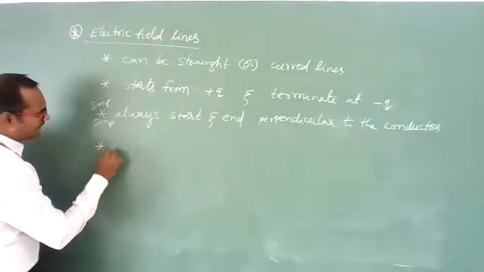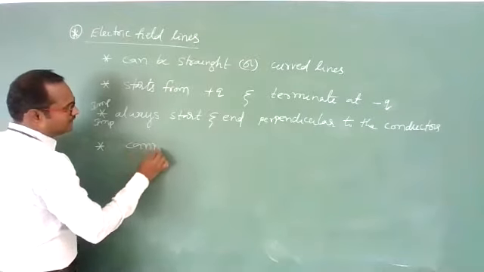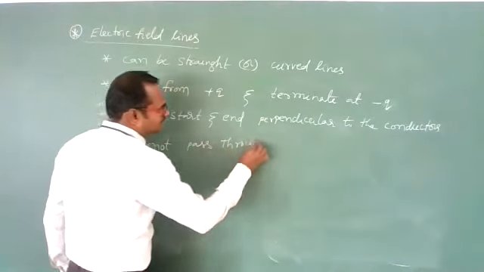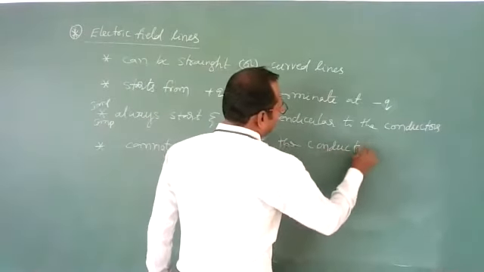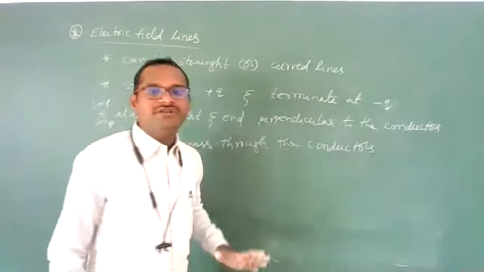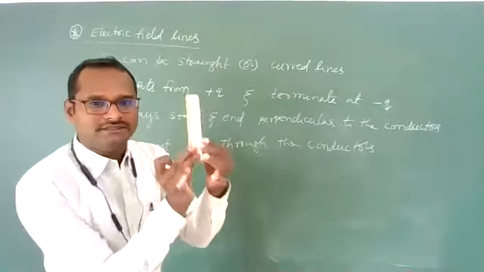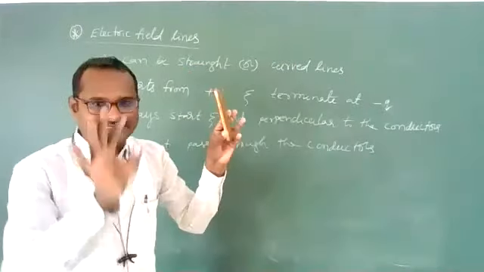Next point: electric field lines cannot pass through the conductor. Very important point. Let us suppose this is one conductor, or this mobile phone. Yes, it is one conductor, let us suppose.